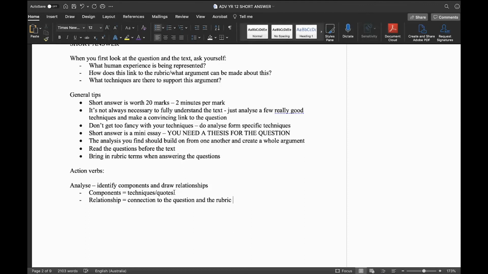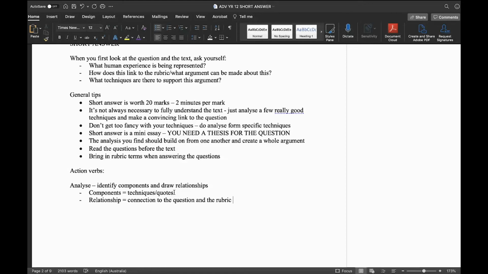And that is how you do the analyze question. It sounds pretty straightforward, like what you would do with any question, but what you need to be doing in an analyze question is looking at what this means to the implications of the human experience. So drawing out and relating the implications of these quotes and techniques. What is the quote suggesting and how does it deepen our understanding of the human experience?